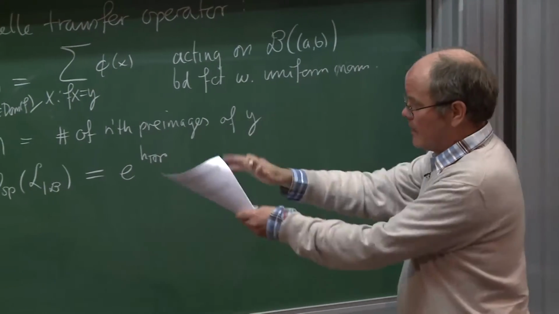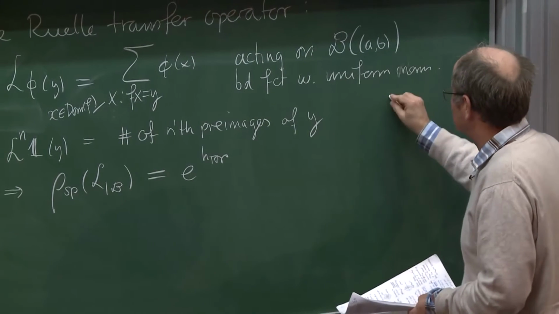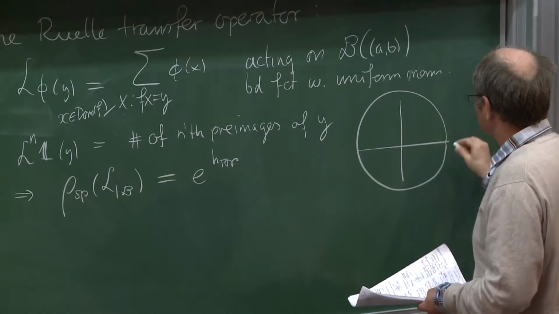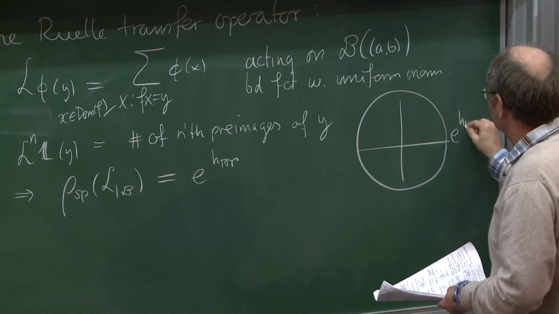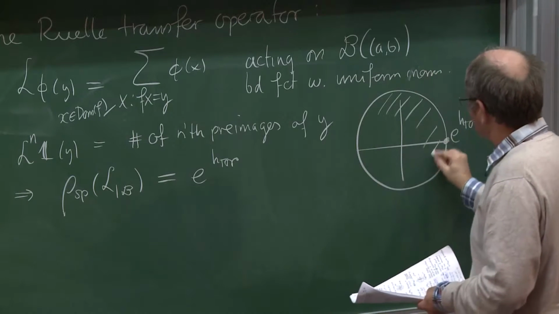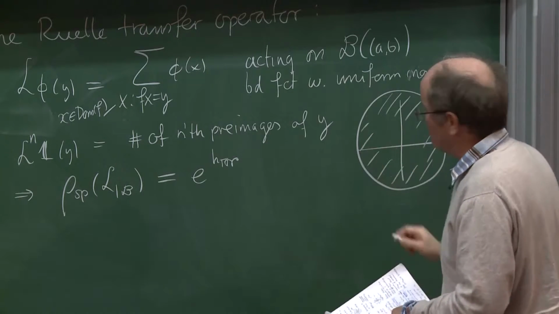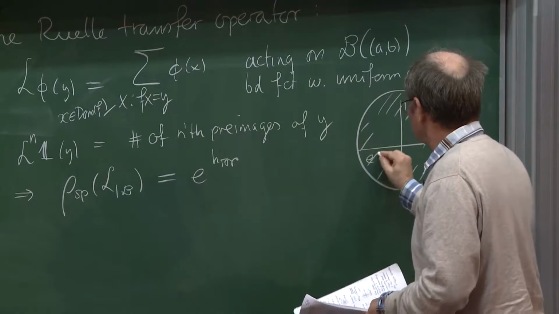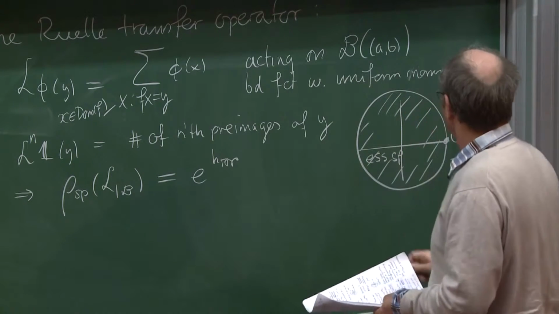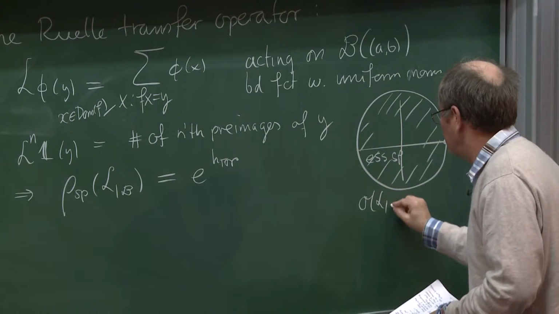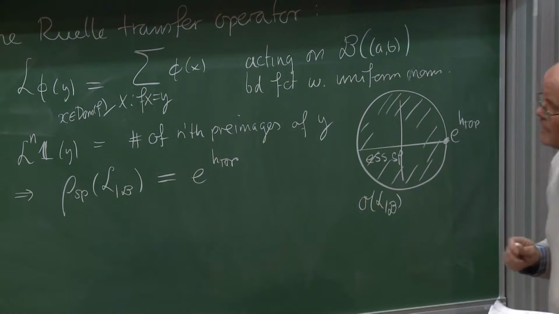Now, the spectrum in itself on bounded functions is completely without interest otherwise, because the spectrum here would just be e to the h top, which is sitting here, but all this disk here will actually belong to the essential spectrum, so you won't really see anything else. So this is for the spectrum of this operator acting on bounded functions with a uniform norm.